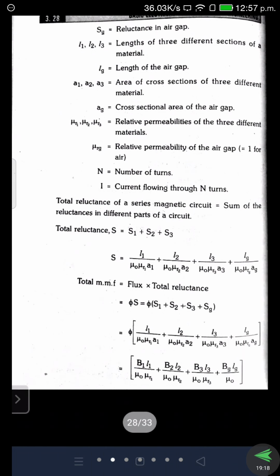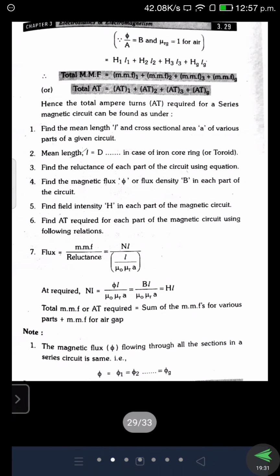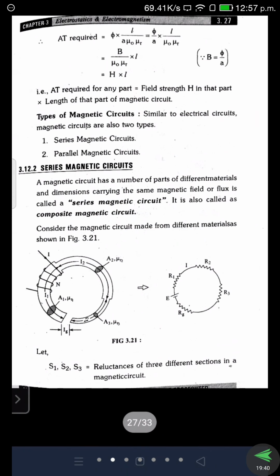First, for example, if the S value is mentioned, we calculate S1, S2, S3, and if SG is also present, we calculate and substitute the values in the final equation. Then we can simplify to determine the MMF value for a given problem. Those are the series connection. In the case of series connection, in this diagram we are taking 3 dissimilar magnetic materials.